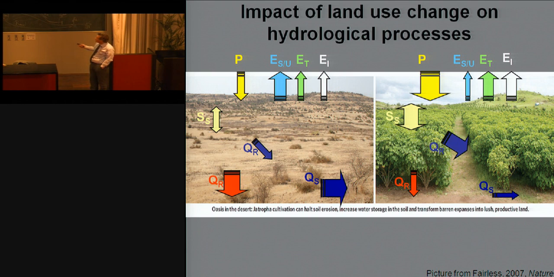This is the recharge. I called it QR, recharge, for a moment. If you have sandy soils, you have more water going here in the recharge, percolating down to the groundwater. Here, maybe compacted topsoil, less water infiltrates, and then less water can percolate, so less groundwater recharge. But depending on what kind of soil physical conditions you have, it could also be the other way around.